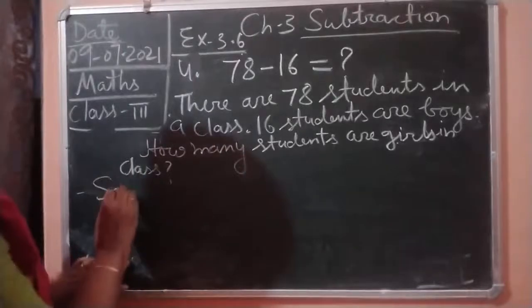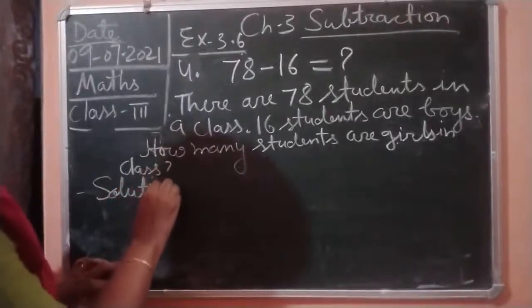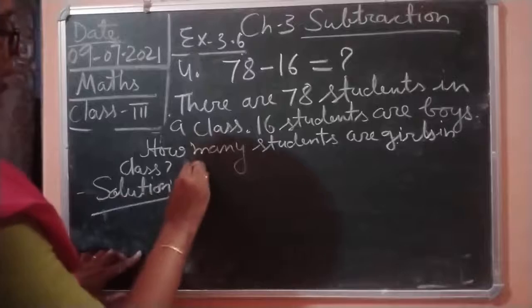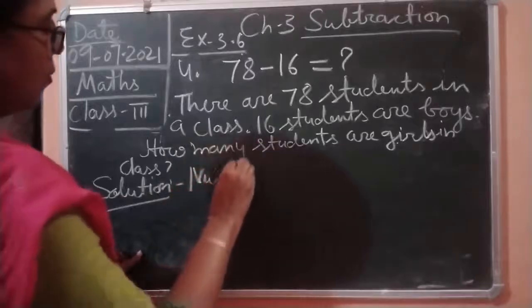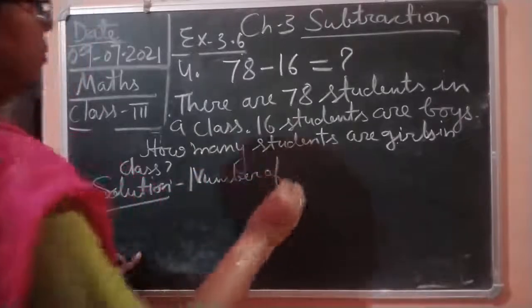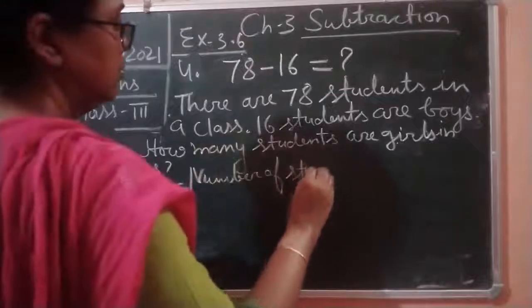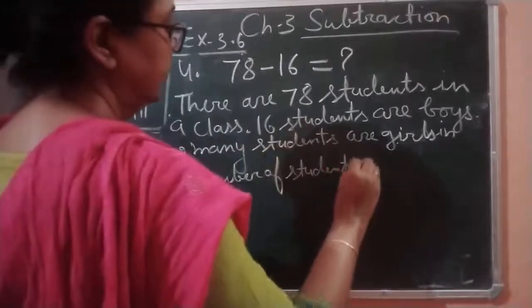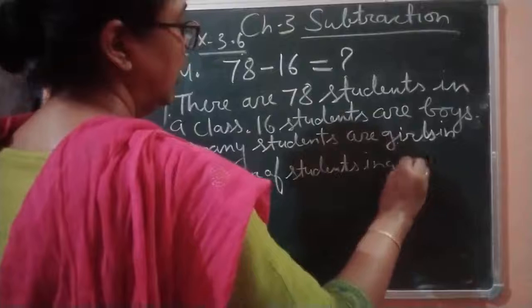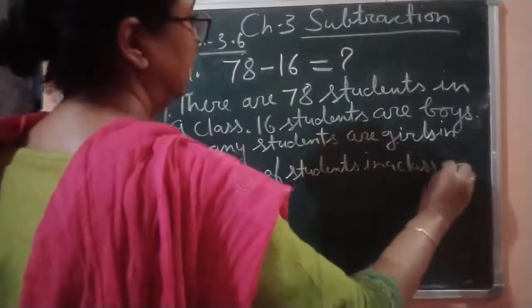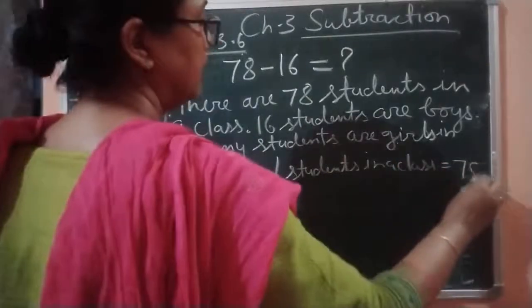Solution. Number of students in a class equal to 78.